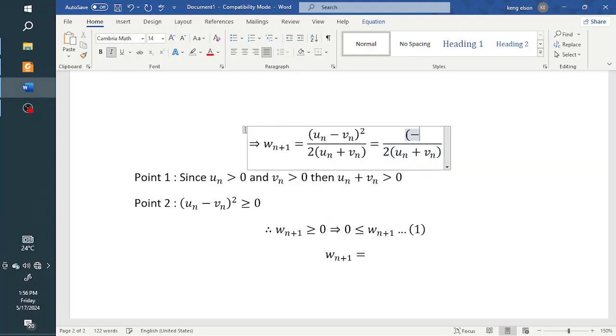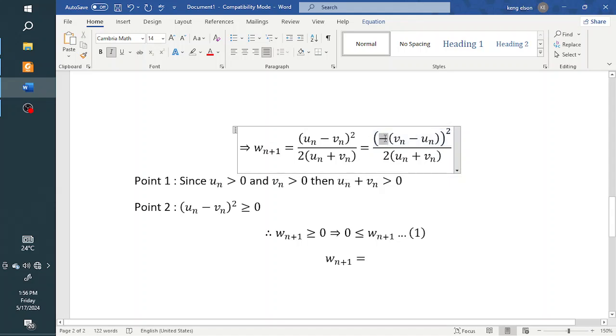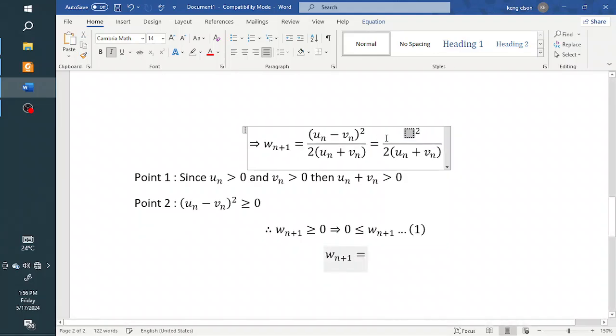If I factorize a negative sign from the interior bracket, I'll be left with vn minus un, because if I multiply the negative sign by vn, I get negative vn, and if I multiply the negative sign by negative un, I get un. So I've not changed anything. When I square this negative sign, it becomes positive. So at the end of the day, I could still rewrite this as (vn minus un) all squared.